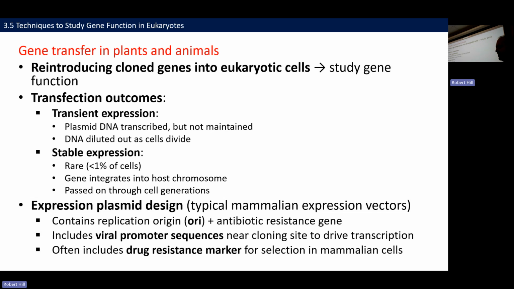Transformation is most commonly associated with prokaryotic introduction of DNA. So you have a culture dish and you're growing your mammalian cells, and most mammalian cell lines are adherent, which means they stick to the bottom of the dish. Some of the blood cell lines are suspension, they kind of grow in solution.